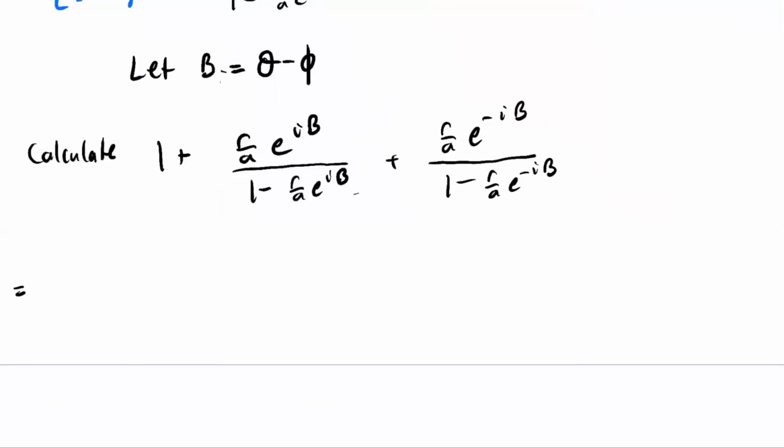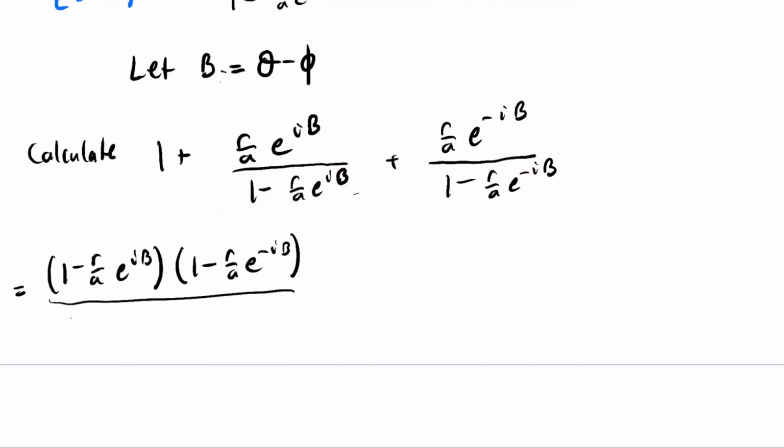Well, let me replace one, right? I need to combine like denominators, right? So I'm going to end up with some fraction with numerator divided by this quantity times this quantity. So let me write one as 1 minus r over a e to the ib times 1 minus r over a e to the minus ib divided by itself.